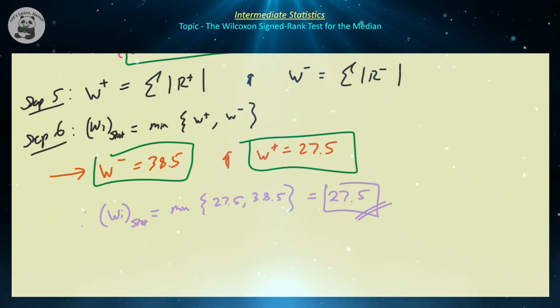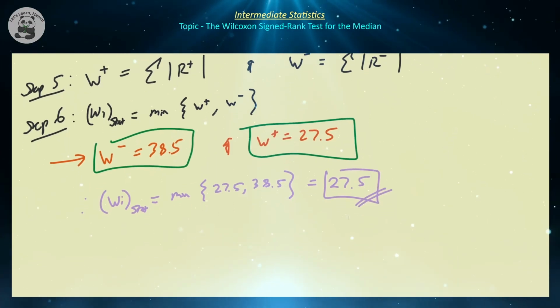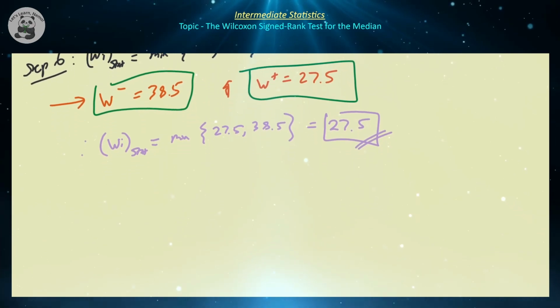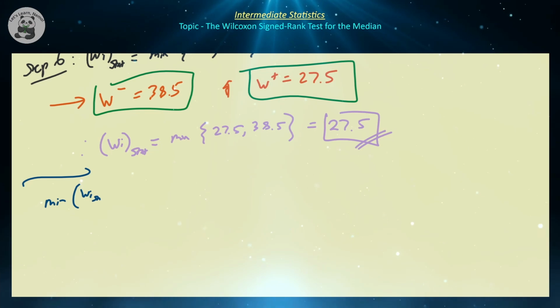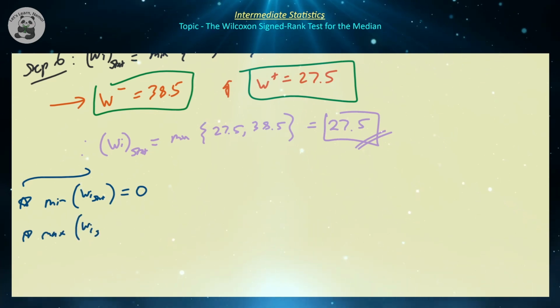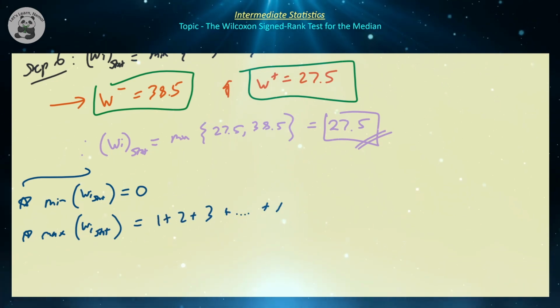So now we need to think about how we interpret this number. Well, firstly, what is the minimum and the maximum value that this number can even be? Well, the minimum value of the Wilcoxon test statistic is obviously going to be equal to 0. That means you don't have any ranks at all. And then the maximum value of this is going to be equal to the sum of all the ranks, which is just going to be equal to 1 plus 2 plus 3 plus all the way down to n.